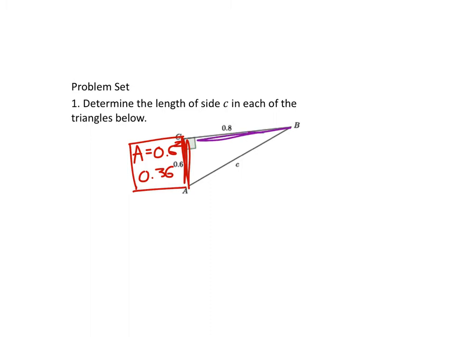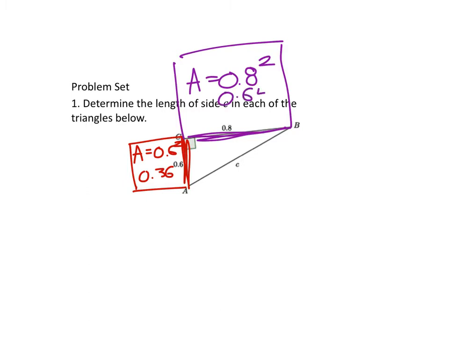And then this other leg, if I drew it as a square, something like this, then the area would be 0.8 squared, which would give me an area of 0.64. Then we have this hypotenuse, which is the side opposite to the 90-degree angle. That's an OK square. That'll do.